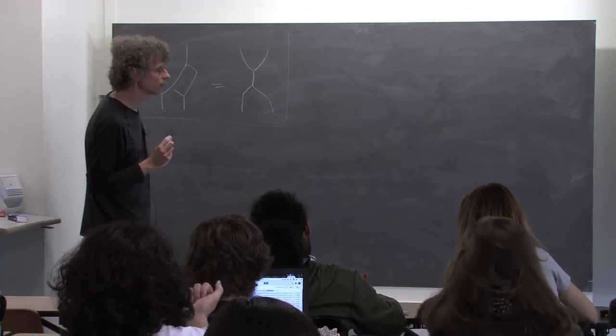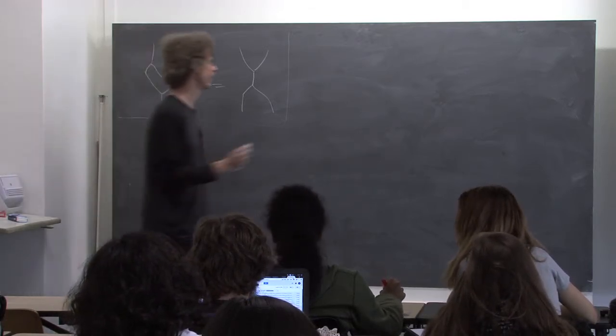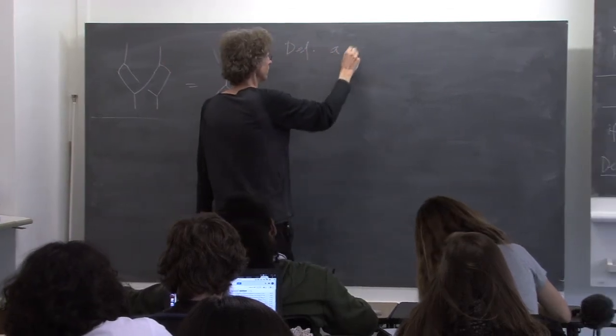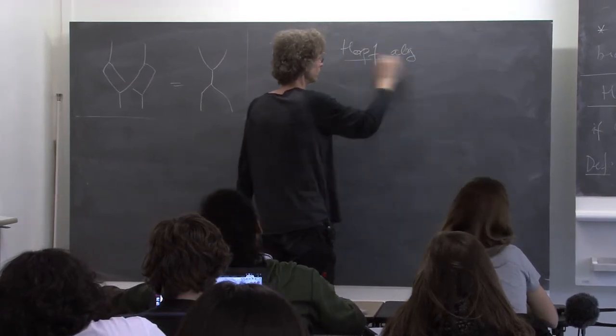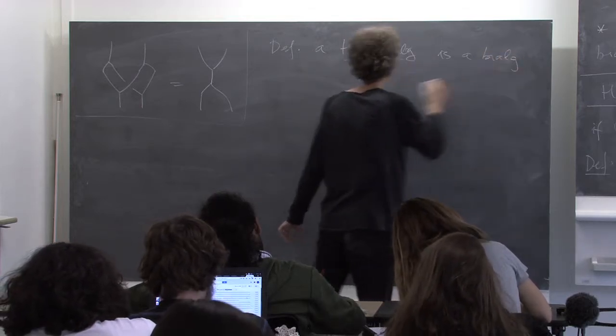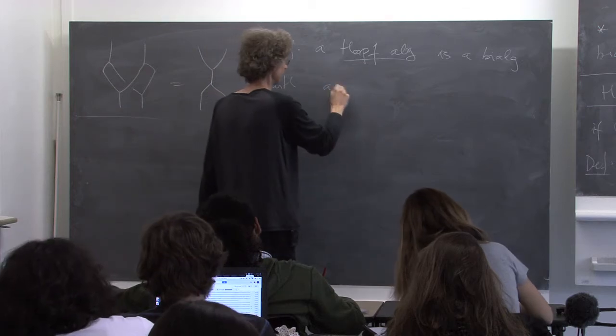Okay, so this is a bialgebra, and finally there is the thing called a Hopf algebra. A Hopf algebra is a bialgebra with an antipode.